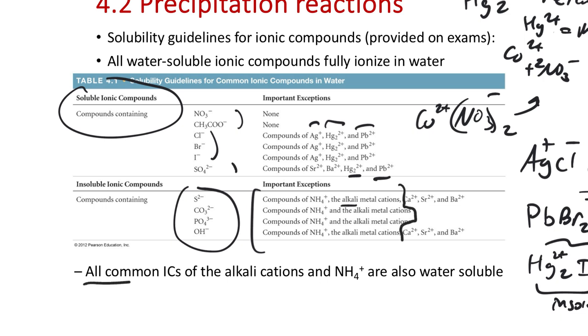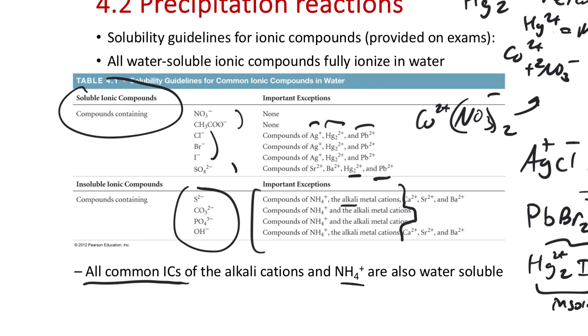We're talking here about all common ionic compounds. If you take a compound of alkali metals or ammonium and mix any anion you can imagine with those, then the compound's going to be soluble. So take anything with an alkali cation or ammonium, you know it's soluble.